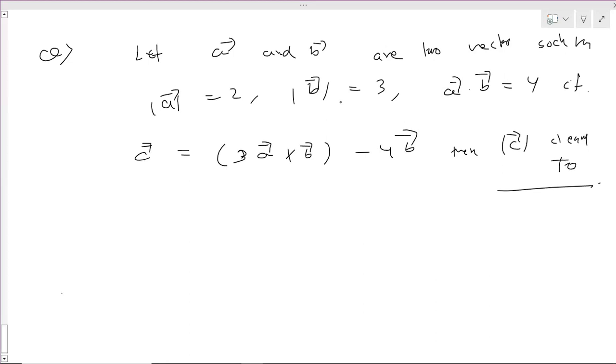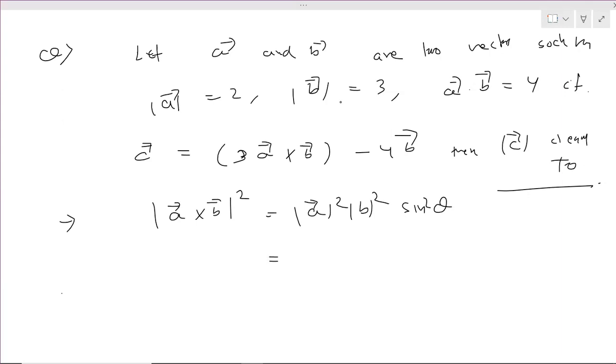All right. Let me give you one hint for this. Remember, A cross B whole square. If I do, then this is A square, B square, sine square theta, right? I can rewrite sine square theta as 1 minus cos square theta.